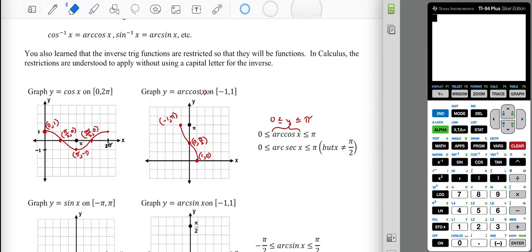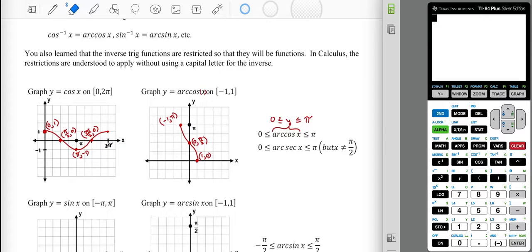All right, little issue with the font there, but hopefully you get the idea. 0 less than or equal to arc cosine of x, and that's because we're living in the world of cosine, so what's true for cosine would be true for its reciprocal function, right? And that's secant.